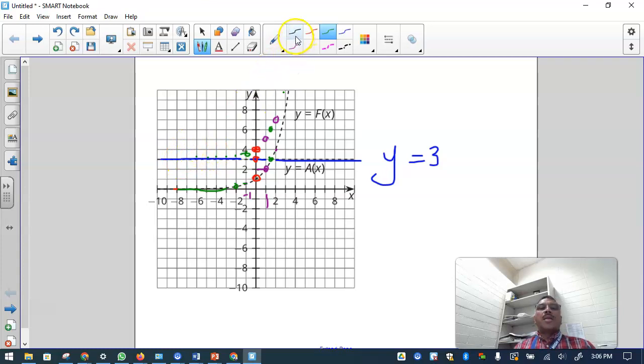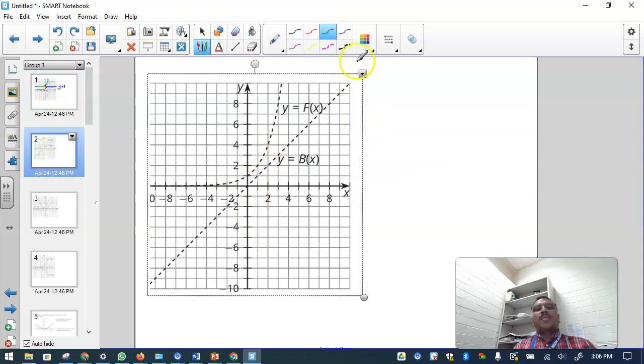So this will be your new graph, something like this that stretches up. Hope that helps. Let's go to the next one.